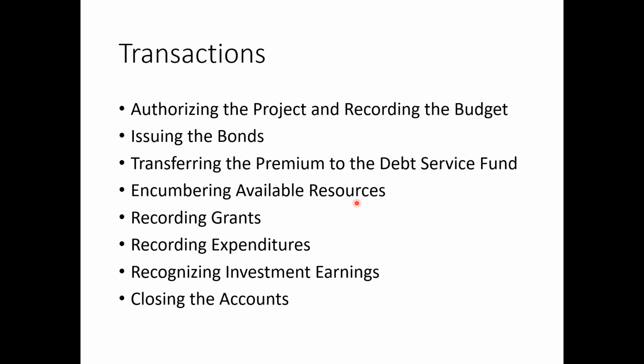Encumbering available resources is part of the budgeting process. Then recording grants, if we have additional sources from grants. Then we spend money, so we record expenditures. If we invest money, we record our investment earnings. And finally, we close accounts. So let's talk about these transactions.